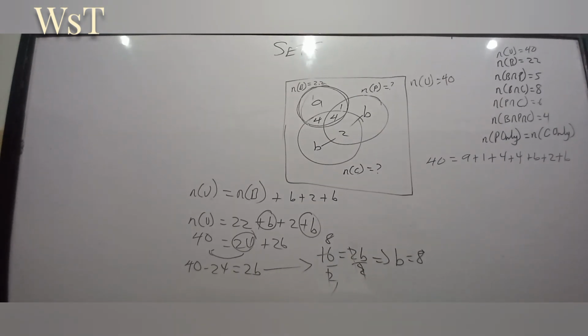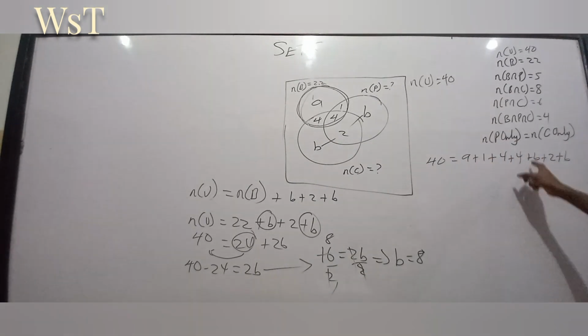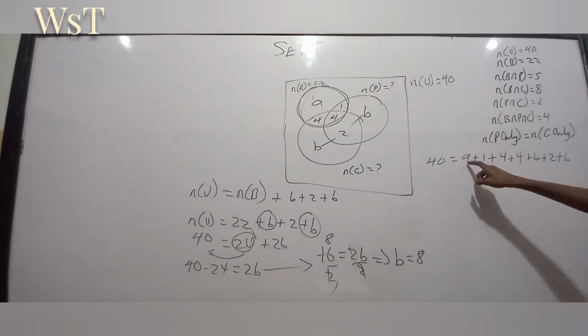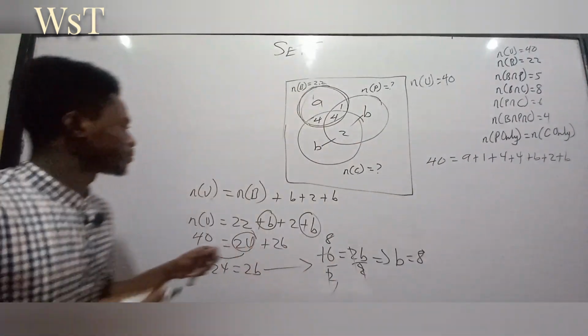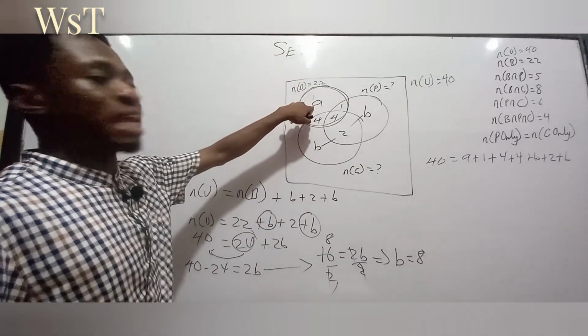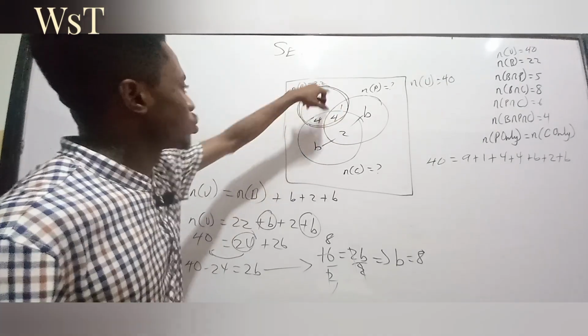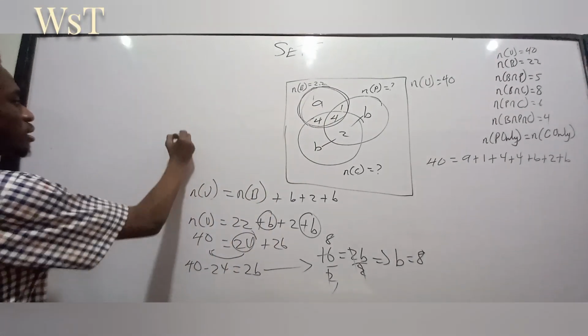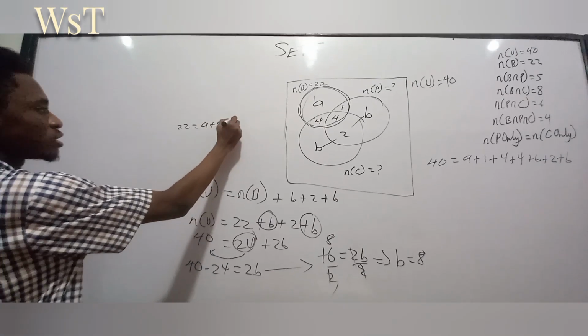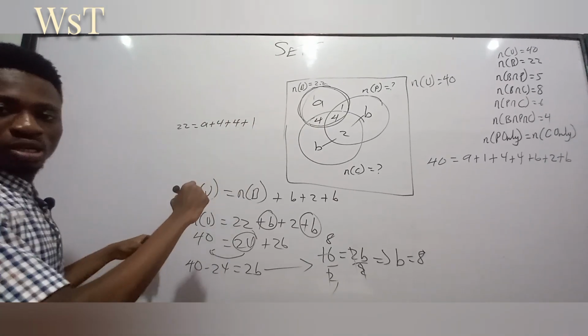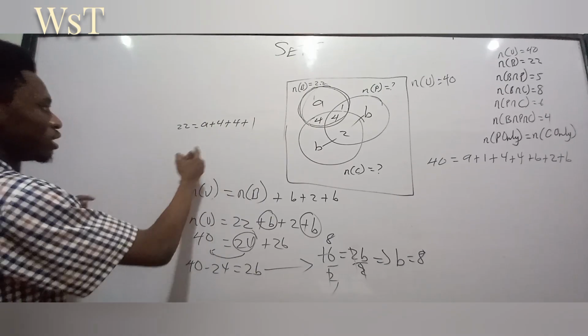But when you are using this style, you have to find your A. How do you get your A? You know that everything in here is equal to 22. So you have to equate: 22 is equal to A plus 4 plus 4 plus 1, so that you get your A.